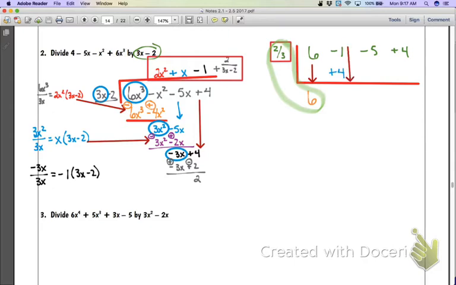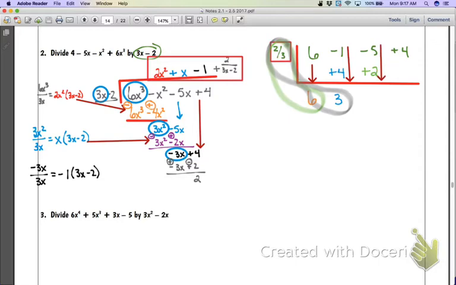So negative 1 plus 4, positive 3. Now 2/3 times 3 is going to be a positive 2.